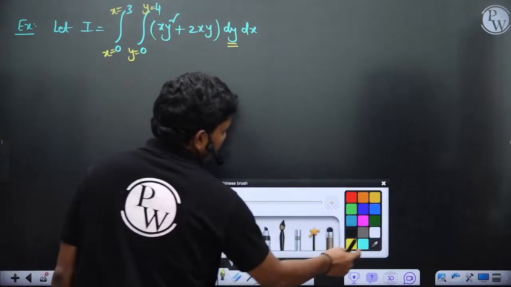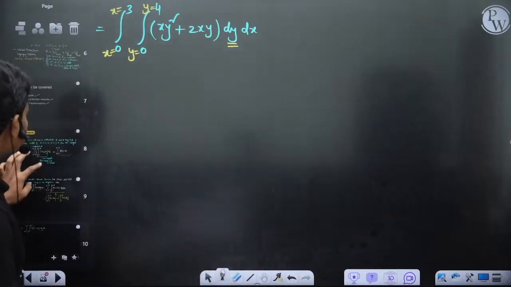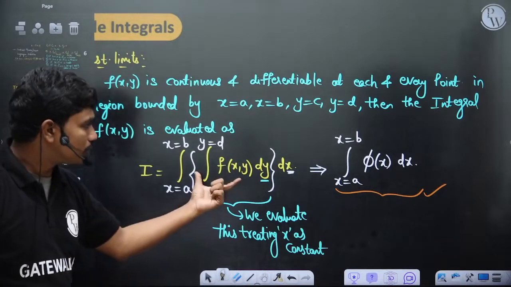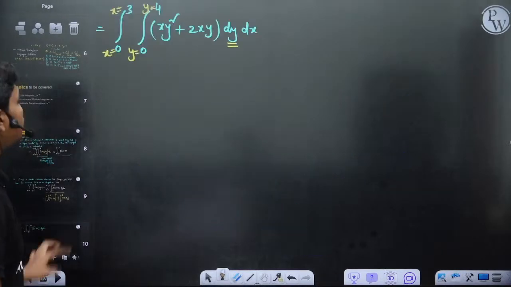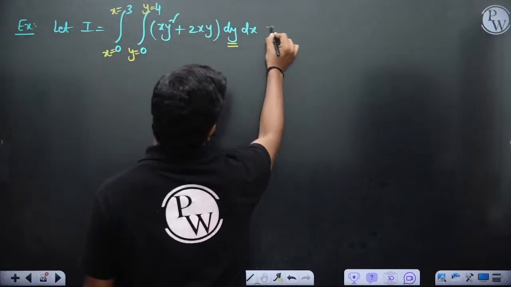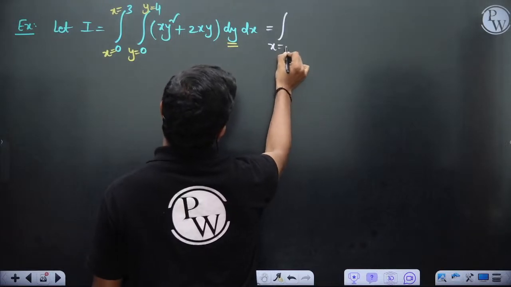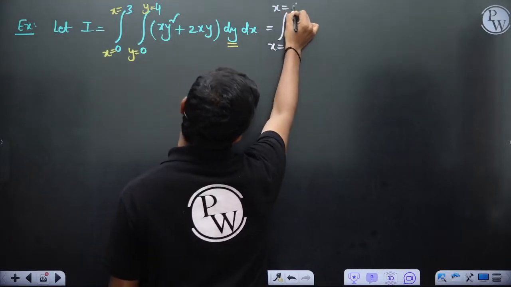So let's see how to evaluate this. First let us look at the procedure I have given you. You should simplify this inner integral by treating x as constant, correct? So let's do that. This integral value is the integral from x is equal to 0 to x is equal to 3.